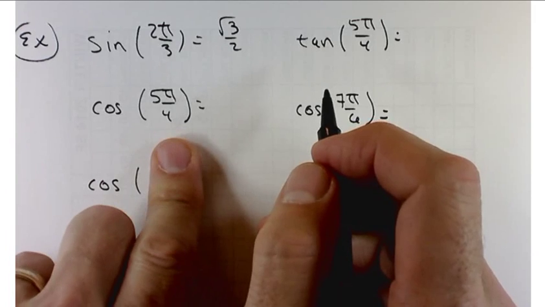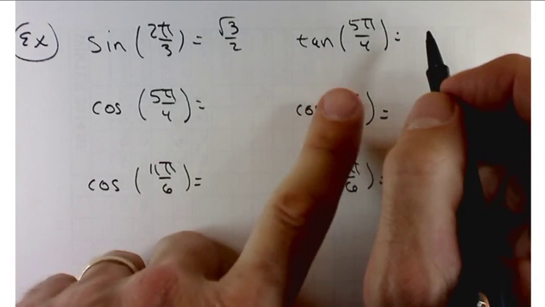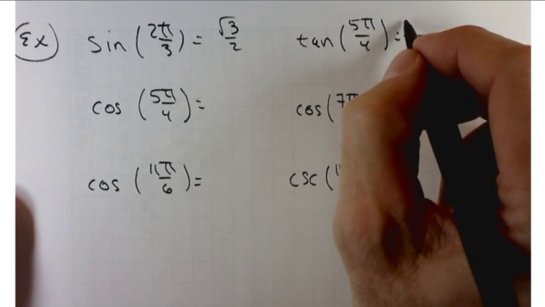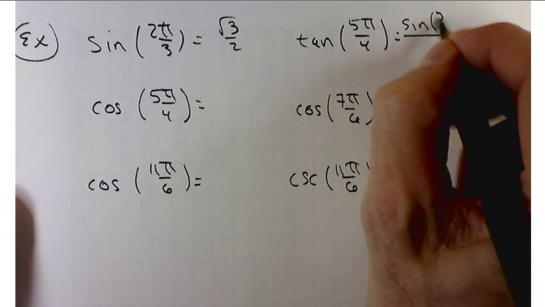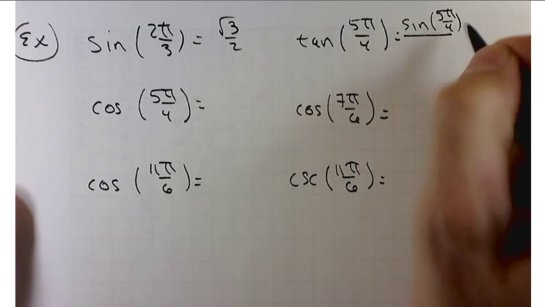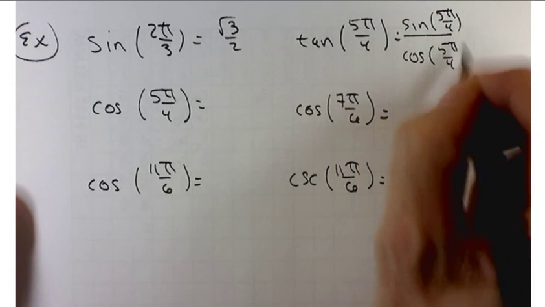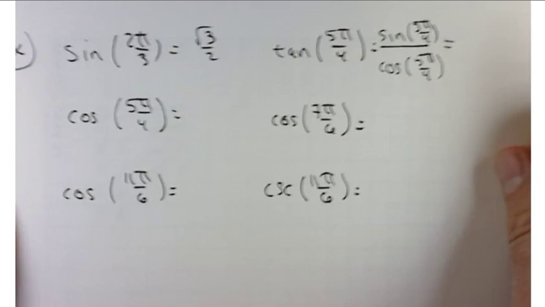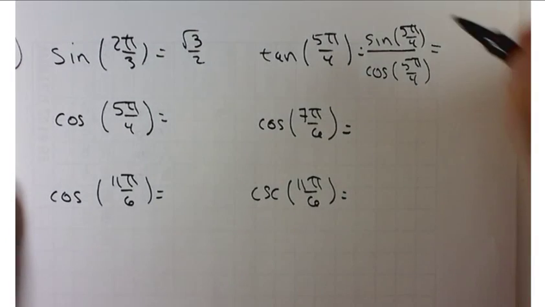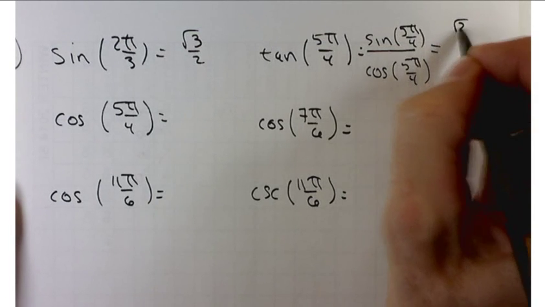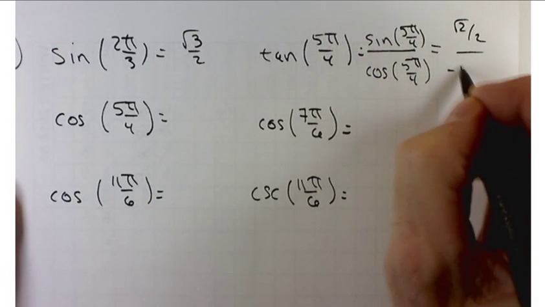So let's start up here with the tangent. One way to think of the tangent is that it's the sine over the cosine. So that's sine of 5 pi over 4 over cosine of 5 pi over 4. Close. Root 2 over 2 and negative root 2 over 2.